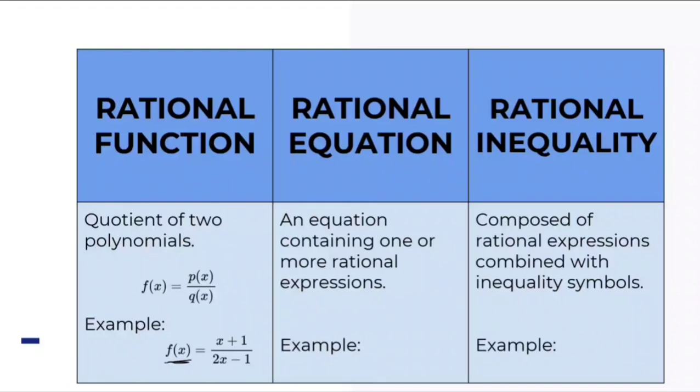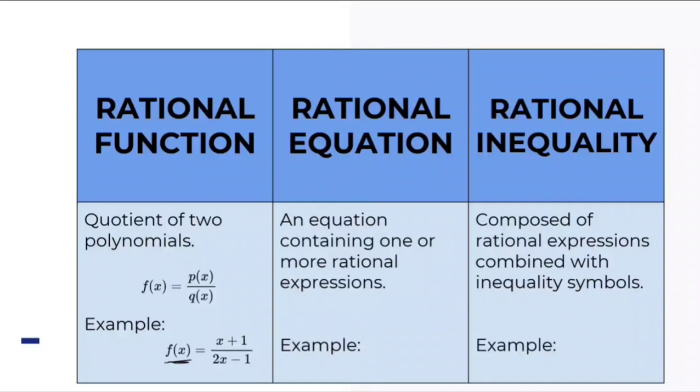And again, you may use any letters as long as it is written in the notation form of a function. Halimbawa, g of x, a of b, m of n. So, any letters that are used in a given functional equation. And then you have the equal sign, tapos a rational expression.